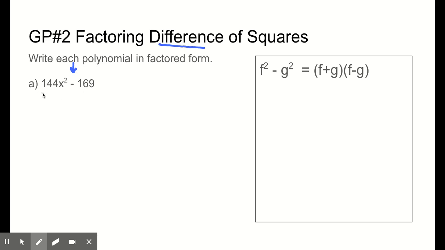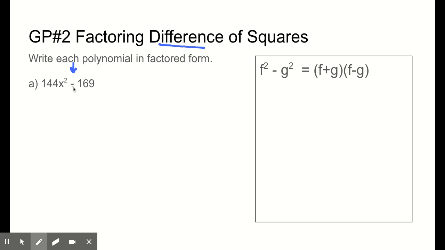Also, as with the first 2 patterns, we should be checking to make sure that there is not a GCF that we can take out. Again, that is the very first thing that we need to be checking for anytime we factor.